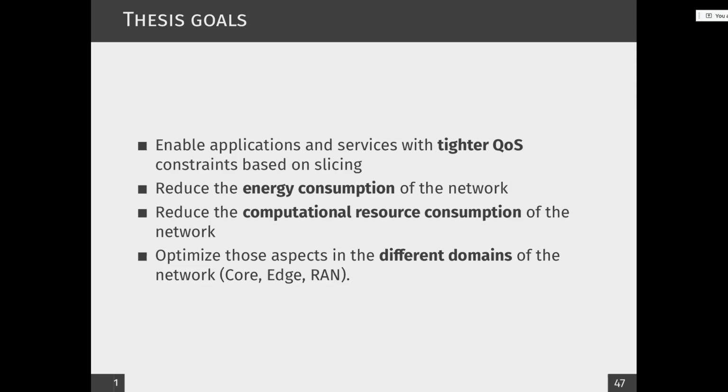So networks have a very significant impact in terms of energy consumption. So that's one of the main goals. And also the goal of this thesis is to try to address these problems of resource allocation and of energy efficiency in different domains of the network. So the core network, the edge network, and the radio access network.